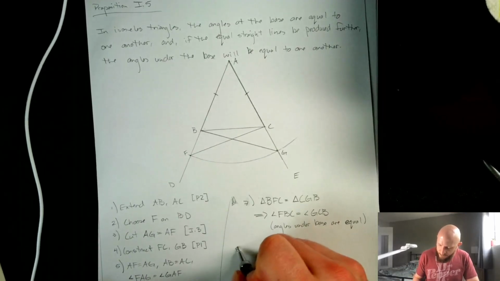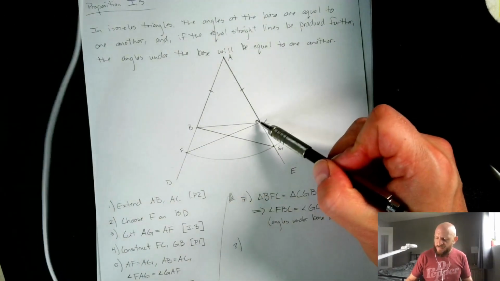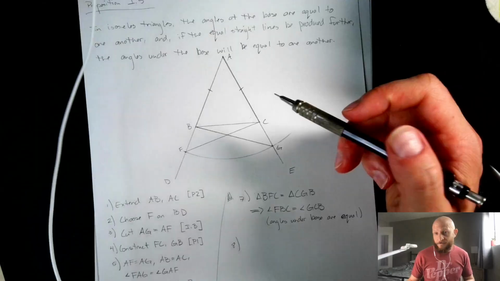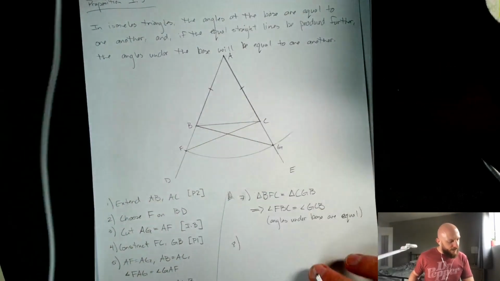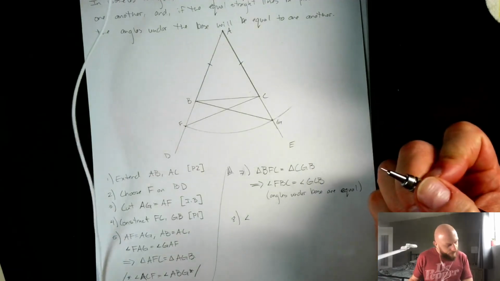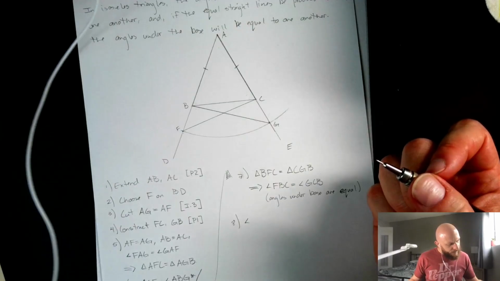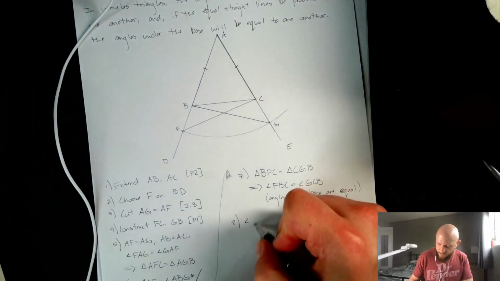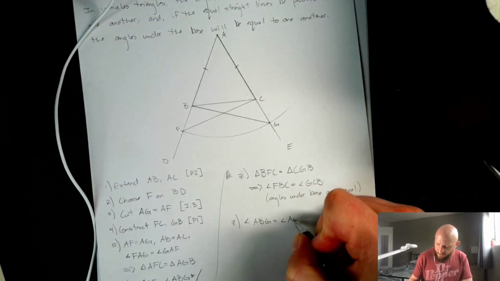So we needed that. Well, what else do we need to prove? We still haven't proved that the angles at the base are equal. We still need to prove that, but we have everything that we need because we have proved that angle ABG is equal to angle ACF.